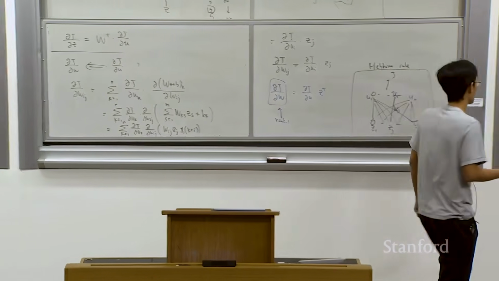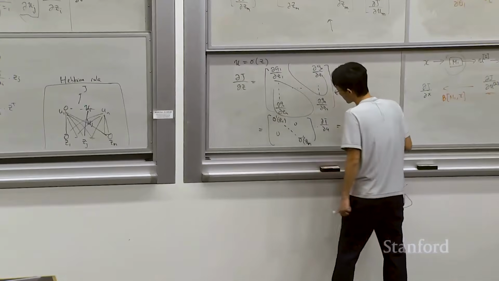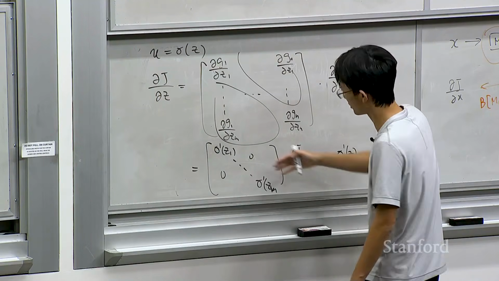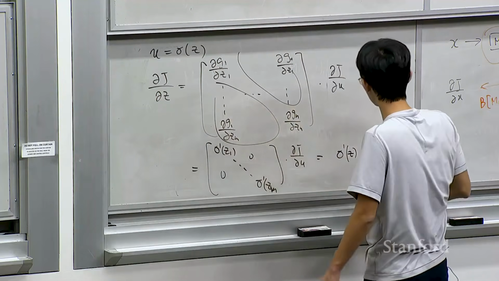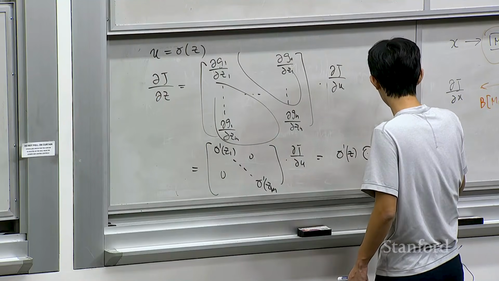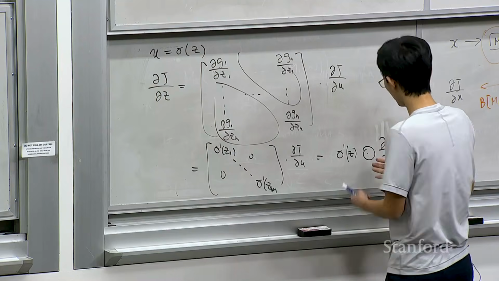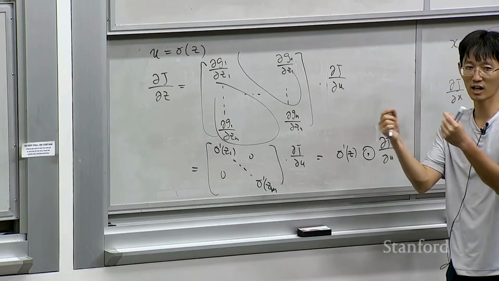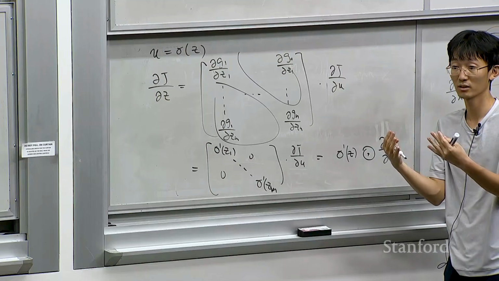And you can also write this as, I think sometimes people write this as sigma prime z, which is this vector that collects everything on the diagonal, and then you take the entry-wise product of this with this. So this notation often means that you have two vectors, you take the entry-wise product and you still get a vector out of it. It's not inner product.